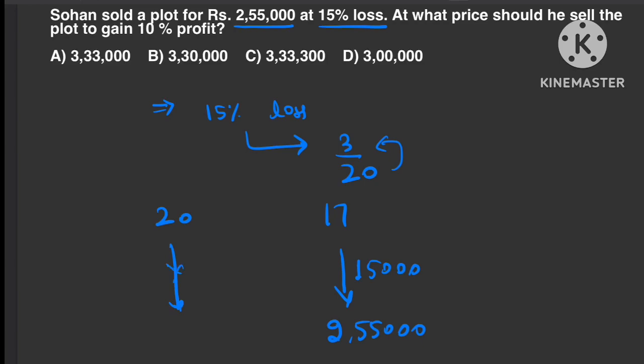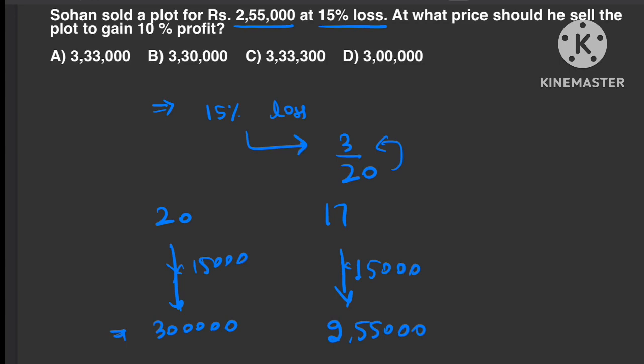So what will be the cost price here? Actual cost price will be 3 lakh. We multiply 20 by 15,000, we will get 3 lakh as cost price. Now in the question they are asking what price should he sell to gain 10% profit.